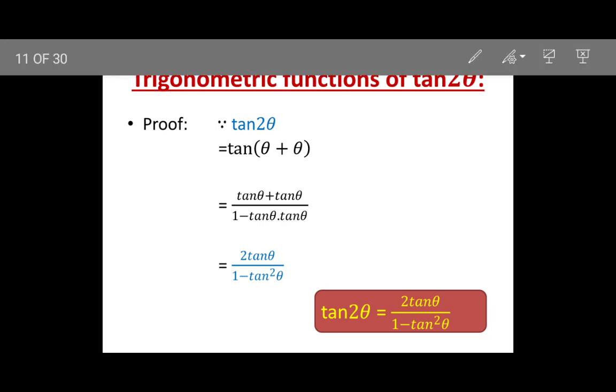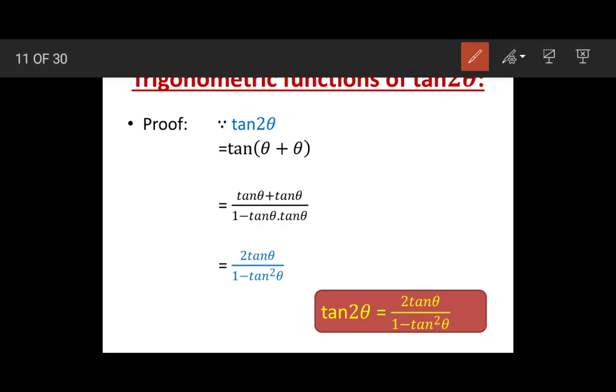So let us start. For tan 2 theta, first we have to write 2 theta as theta plus theta. Then tan 2 theta will be tan of theta plus theta, which is in compound angle formula.